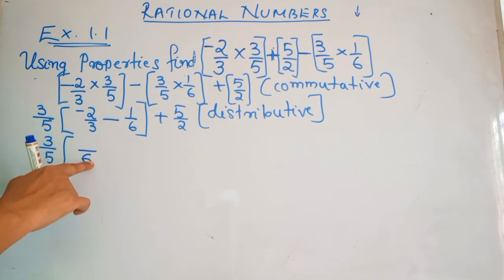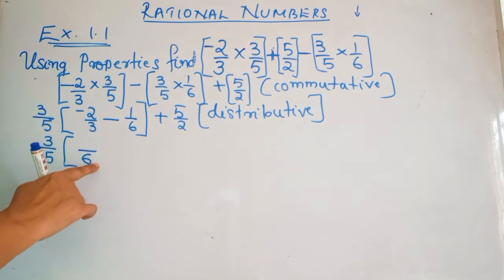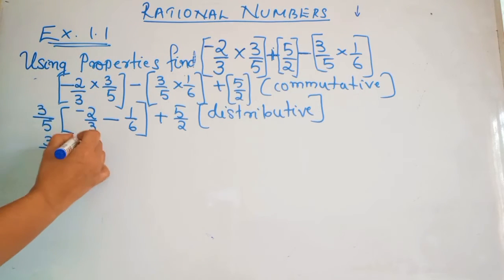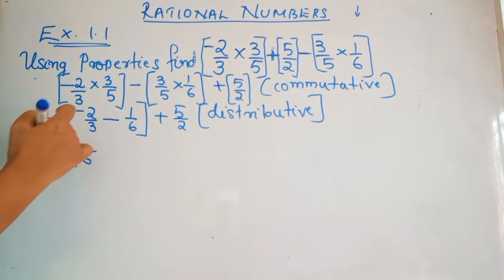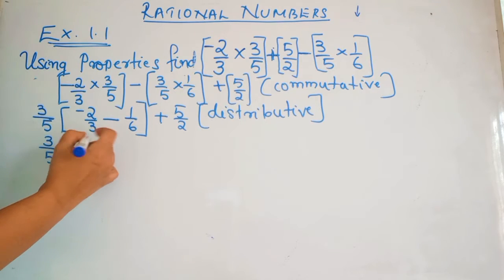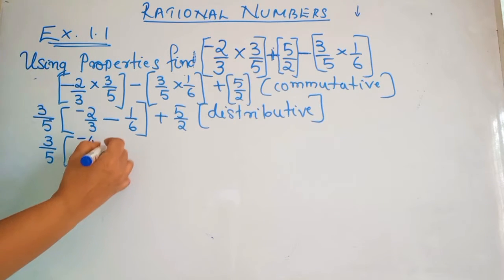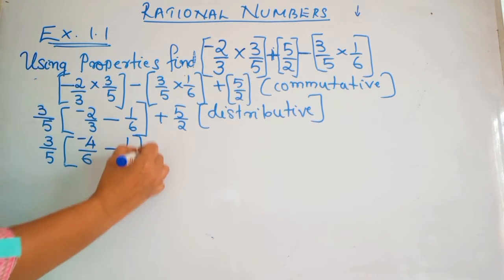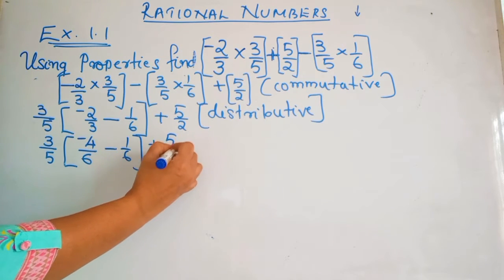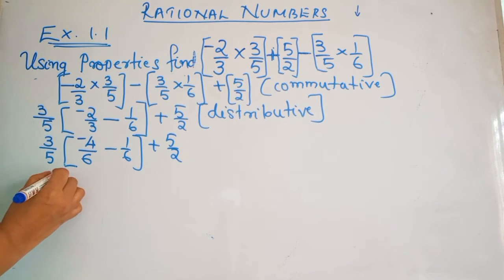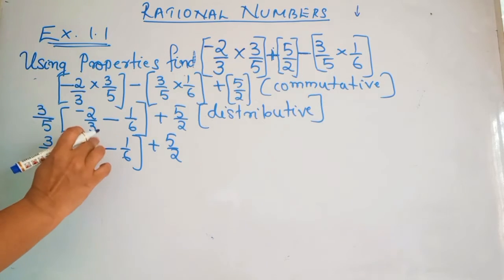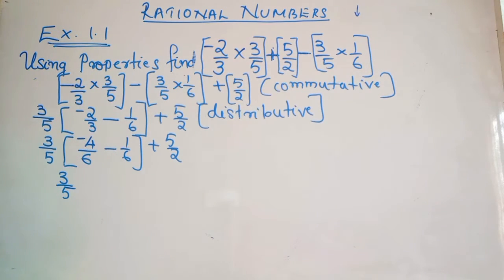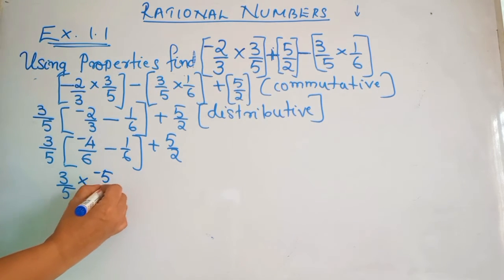Here 3 into 2 is 6, so we need to multiply the numerator also with 2. Minus 2 into 2 becomes minus 4. So we got 3 by 5 times, and now we can solve minus 4 minus 1, it is minus 5. So this bracket will become minus 5 by 6.